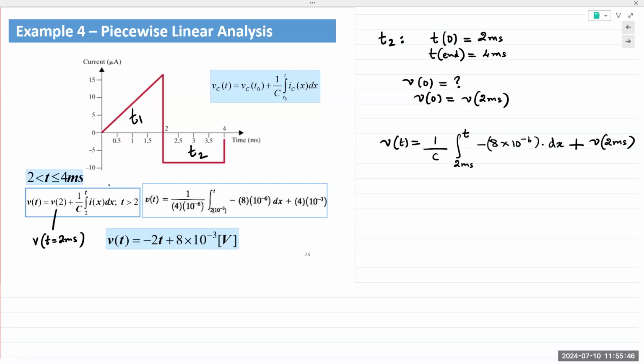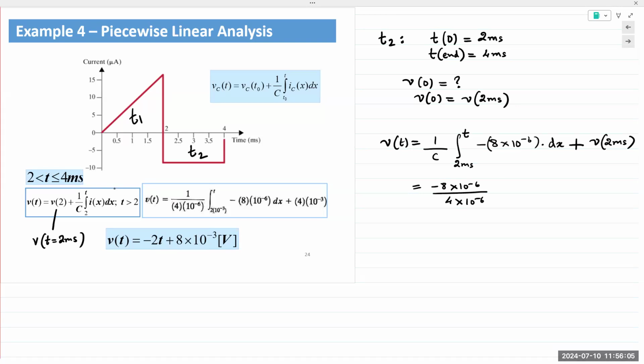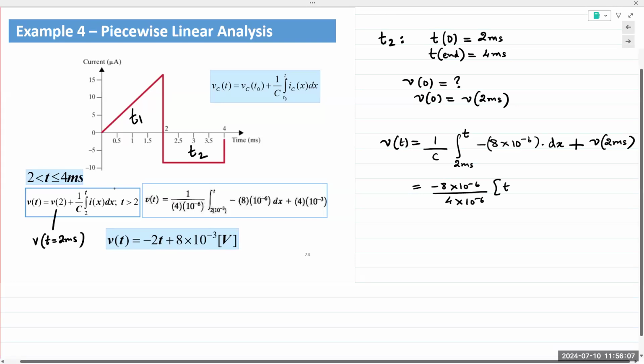And then you plug and solve. And we'd obtain minus 8 into 10 raised to minus 6 divided by 4 microfarads, 4 into 10 raised to minus 6. And from there, you obtain, between 2 milliseconds and t, plus 4 millivolts.